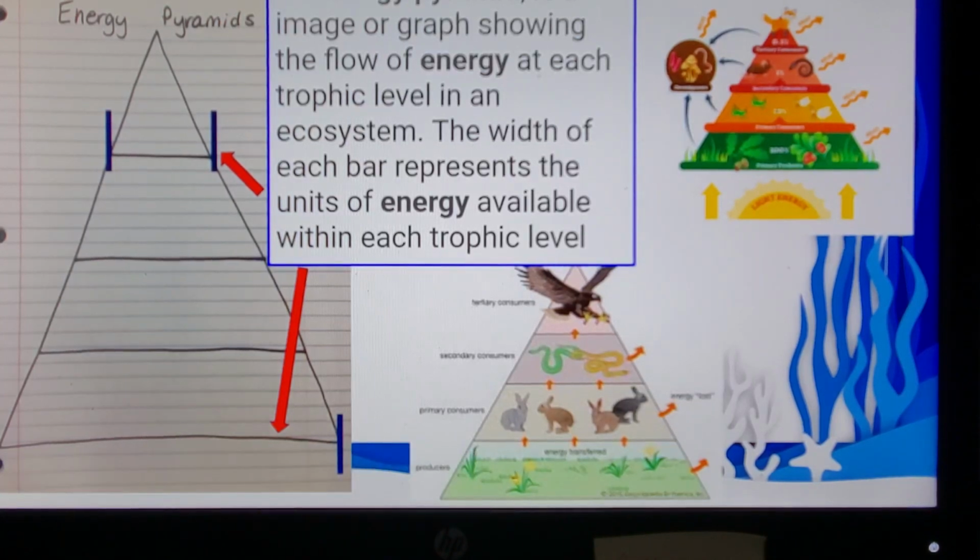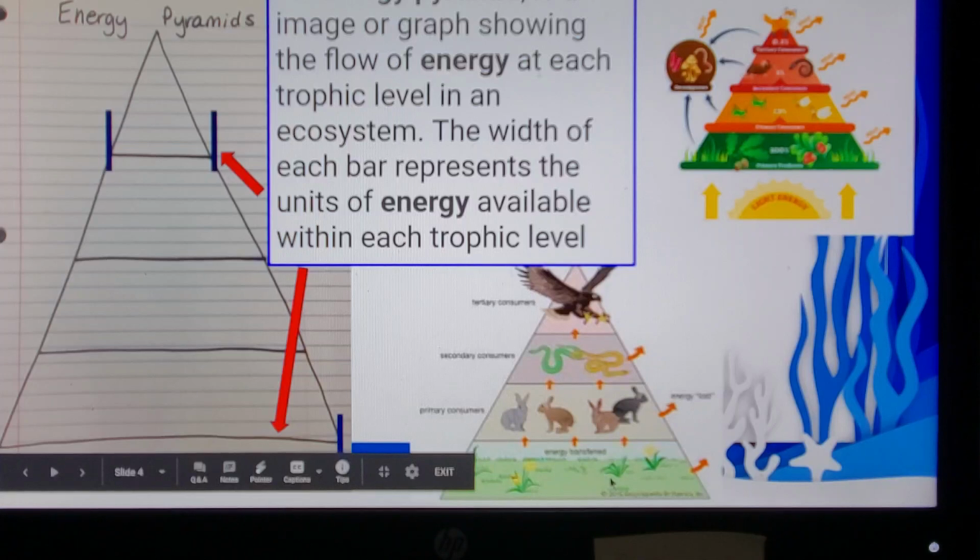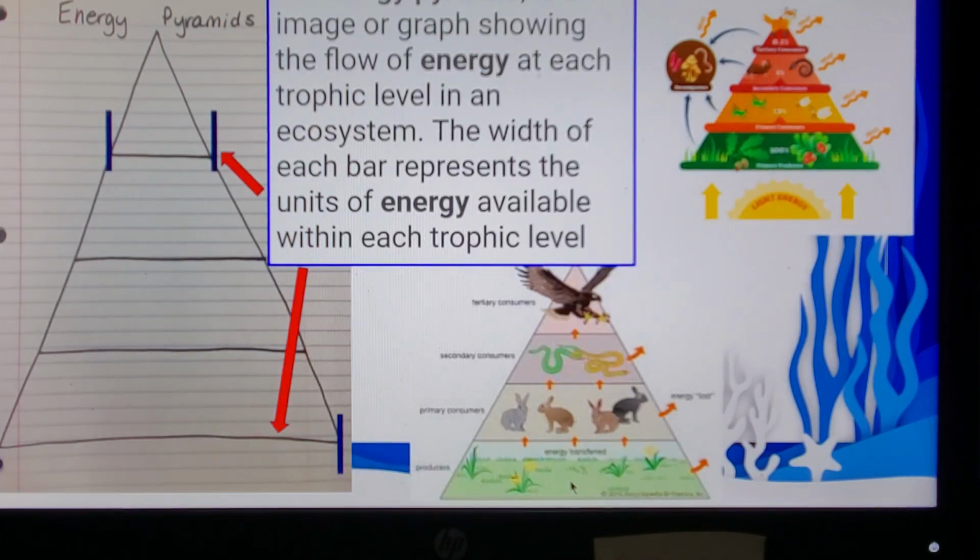One big difference though is that there's a lot more plants than there are animals, okay? We measure things in what's called biomass.